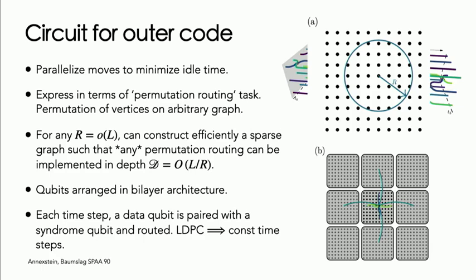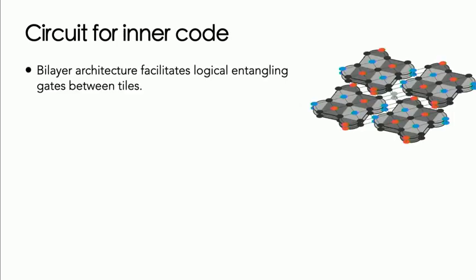And since we're working with an LDPC code, every qubit is only going to have to interact with a constant number of data qubits. You can do this in a constant number of time steps, where every time step then involves some number of routing primitives.